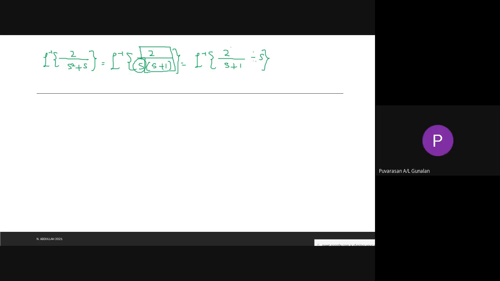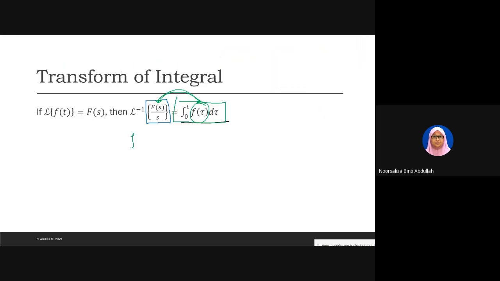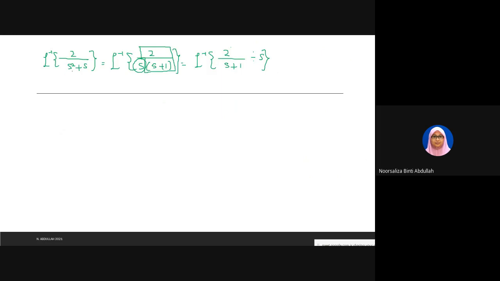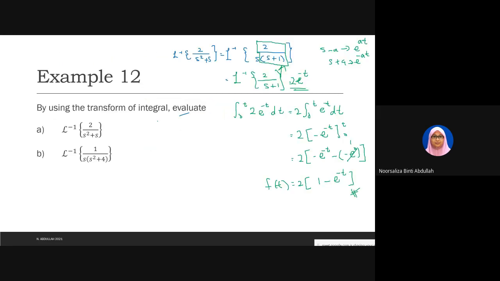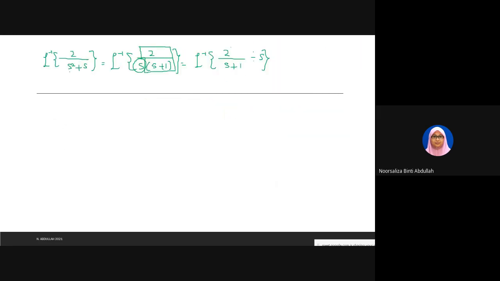Is it in the formula, Doctor? It is not there, but you have to arrange it so that it is in this form. You have to modify the equation so that you can get Fs divided by S. If you look here, the original equation is 2 over S square plus S. Because you want to use the transform of integral, the equation must be divided by S. So from this equation we know that we can factor the S out.